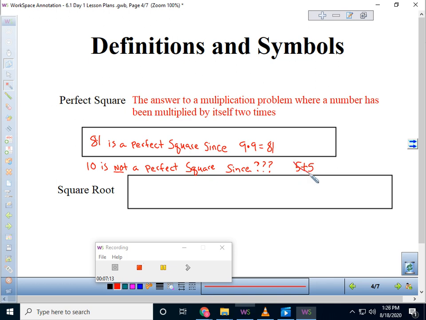We want multiplication, so that doesn't work. 2 times 5 equals 10, but that's not the number multiplied by itself. 10 times 10 is 100. So there's no way to get 10 by taking a number and multiplying it by itself. So 10 is not a perfect square.